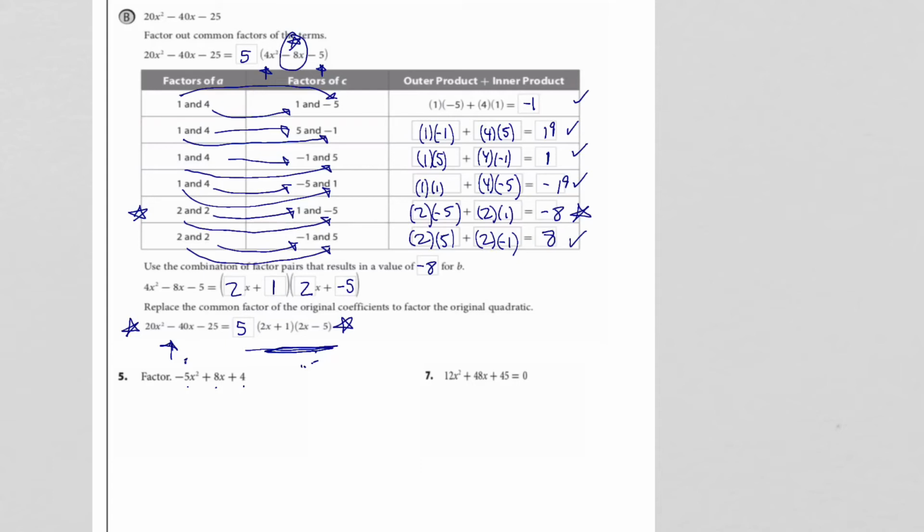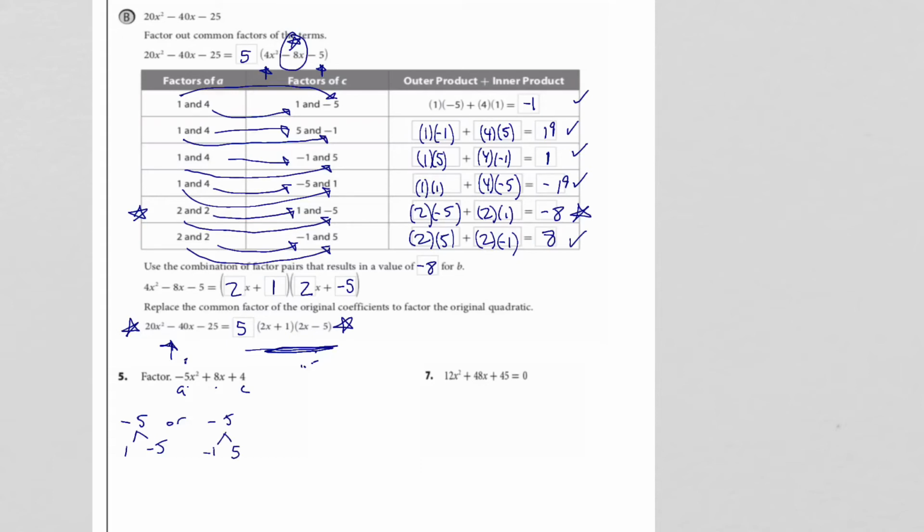So then I have to ask myself, what are the factors of the A part and the C part of this equation? The factors of negative 5 are basically 1 and negative 5, or negative 1 and 5.